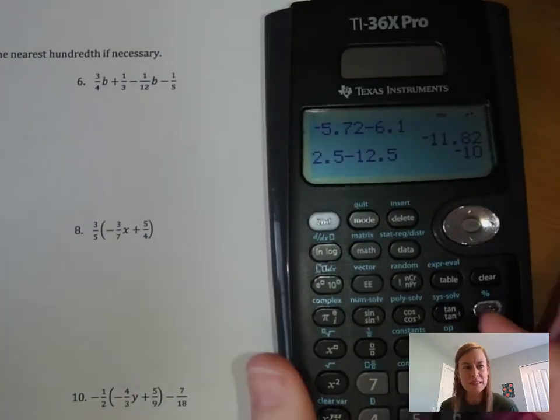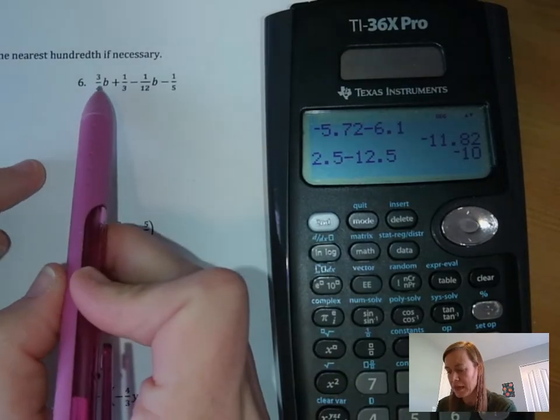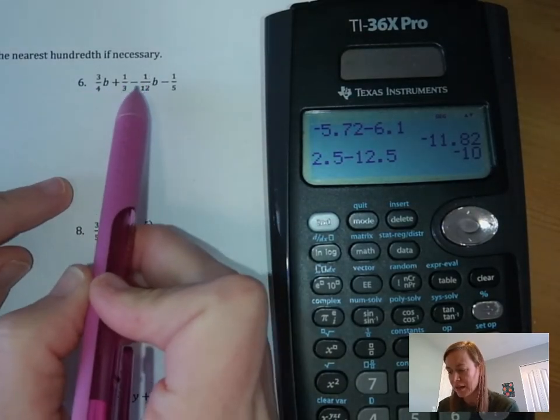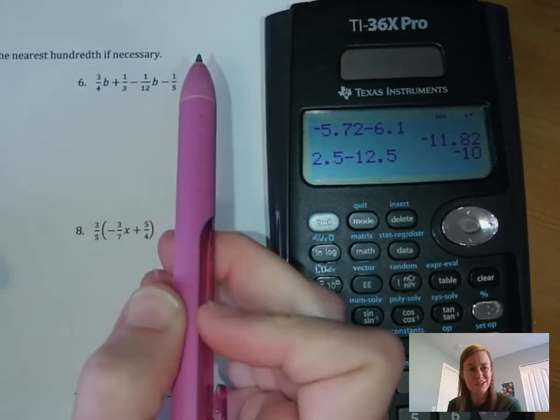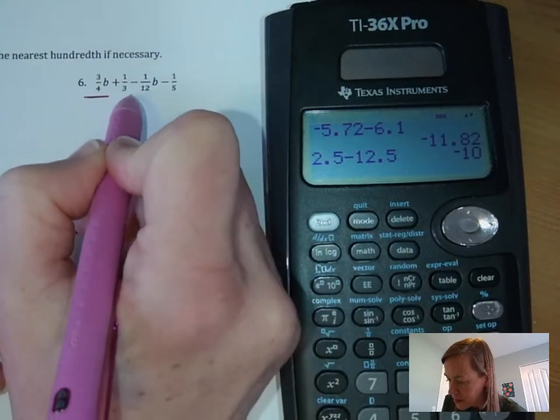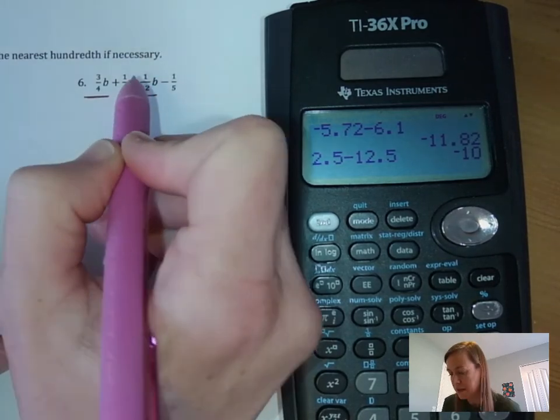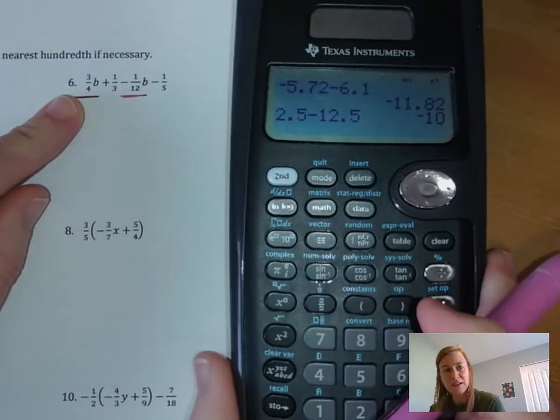Alrighty, with number 6, let's think about what we're going to combine. We have something with a b, something that's just a fraction, something else with a b, and then something else that's just a fraction. So let's combine our terms that have a b first. We have 3/4 b, and then we have minus 1/12 b. So I'm going to use my fraction calculator here.